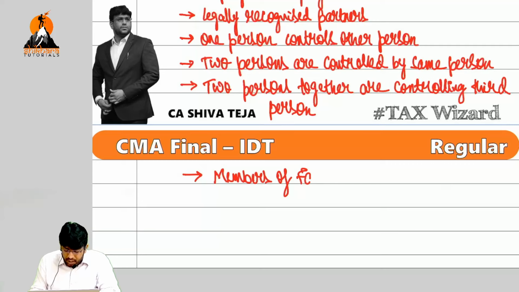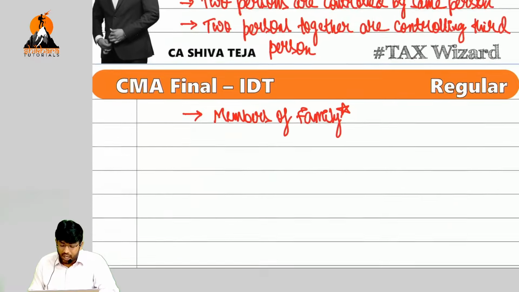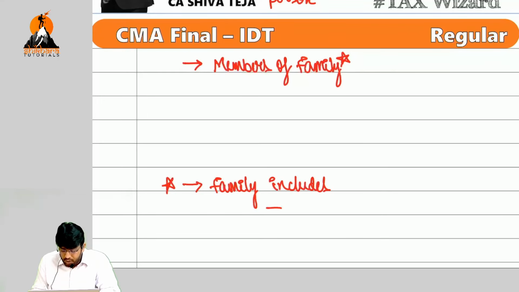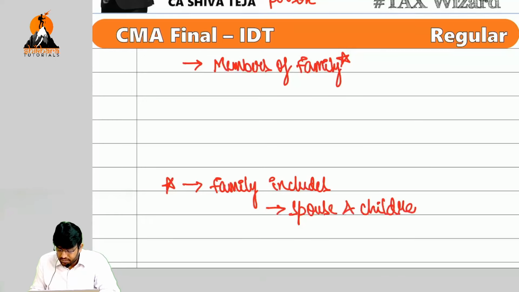Members of family. Now the big question which comes is, what is the meaning of this word called family? Come on friends. They clearly told in the law, family includes number one, spouse, and spouse means husband or wife, depends.